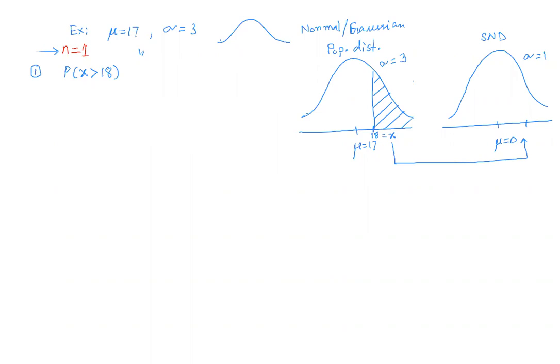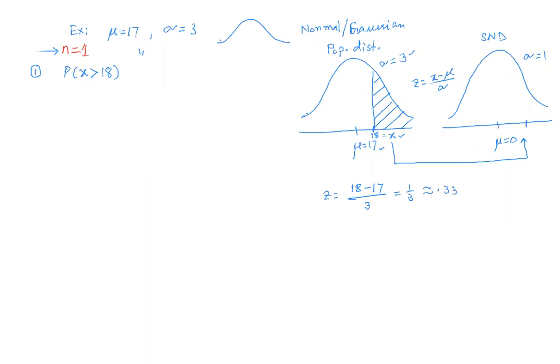Using the formula Z equals X minus mu over sigma. X is the point in question, which is 18, minus mu, which is 17, all divided by sigma, which is 3. That is 1/3, approximately 0.33.